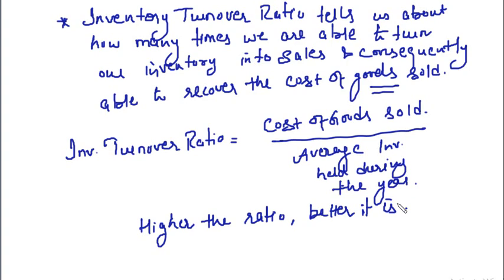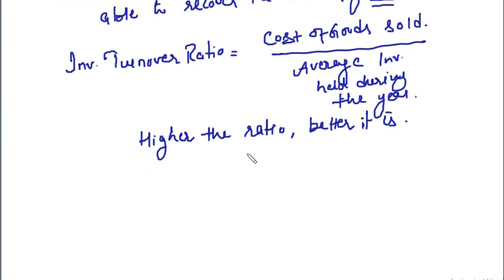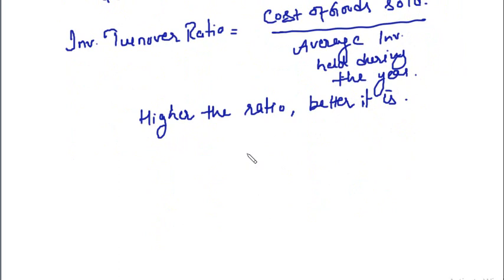So the two financial factors that are involved here are cost of goods sold and the average inventory held during the year. Clear? Now, how to calculate? Now you have two elements.